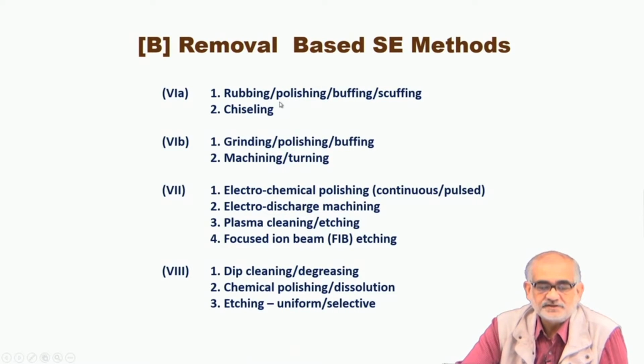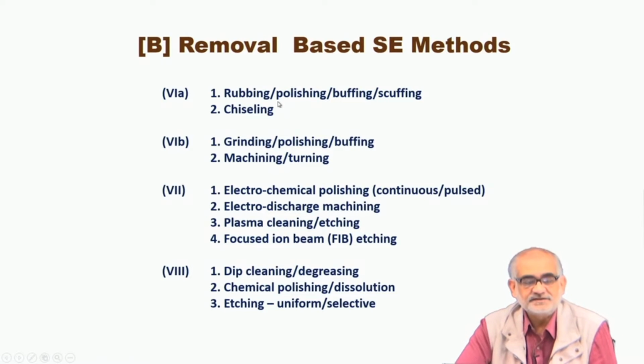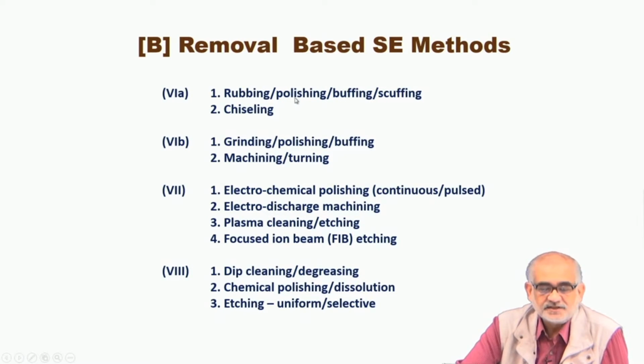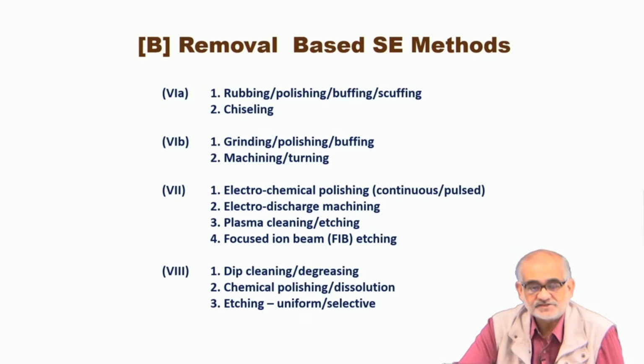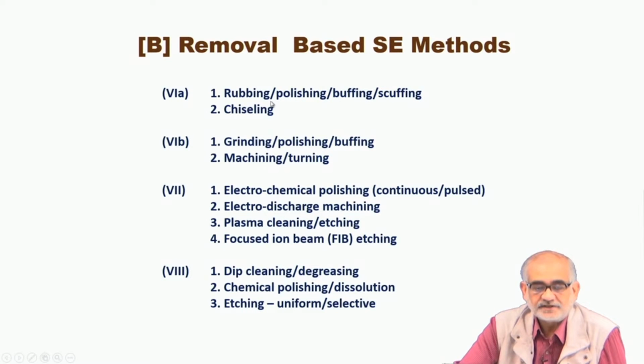So, for example, we would have seen the artisans who create excellent or aesthetically very nice looking brasswares or stonewares or various kinds of metallic objects, maybe a statue and so on. We would have seen them bringing up an excellent luster onto the surface by way of very controlled polishing and even buffing and so on.